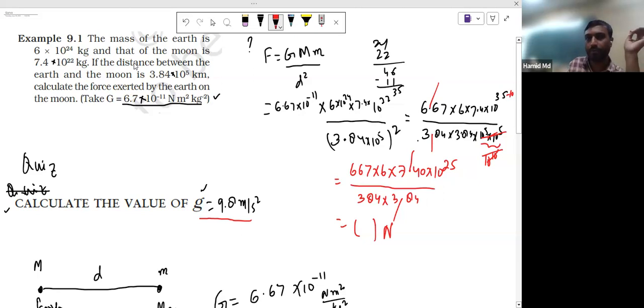So if I do this sum, let me use the calculator.